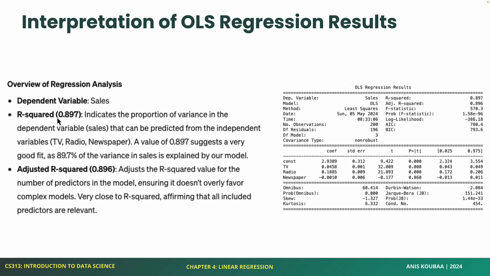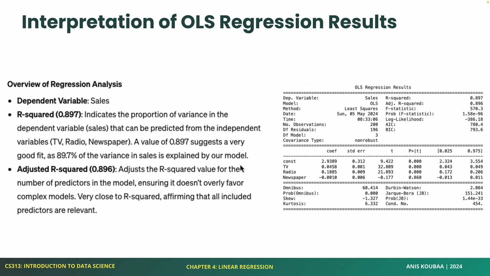The R square, in this particular case, is equal to 0.89, which is almost 0.9. It indicates the proportion of the variance of the dependent variable, which is the sales, that can be predicted by the independent variables. The value suggests that this is a very good fit because it's very high, as about 90% of the variance in the sales is explained by the model.